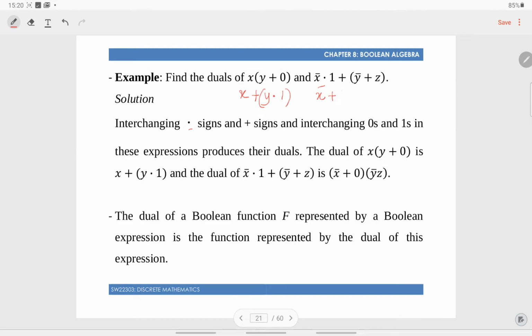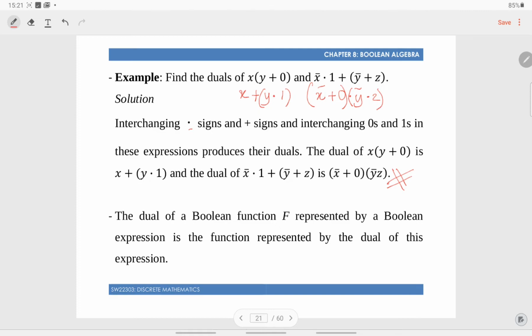So 1 becomes 0. Boolean sum becomes Boolean product. y complement we maintain as y complement. Boolean sum becomes Boolean product, and we have z. Don't forget to put parentheses, so Boolean product becomes parentheses. This one also has parentheses. Alright, so that's the solution for this problem.